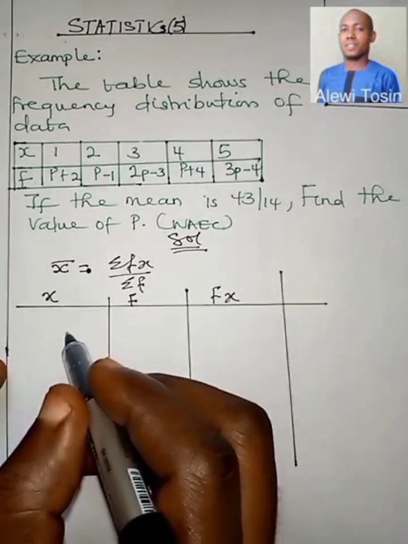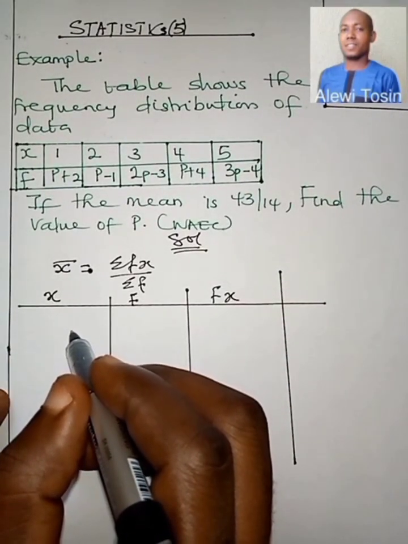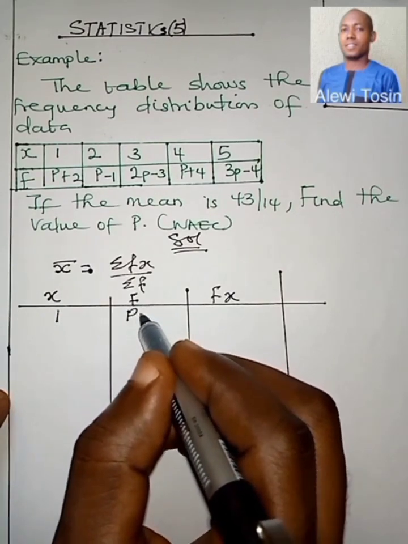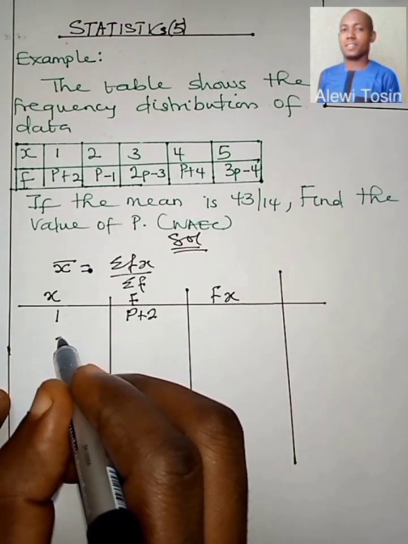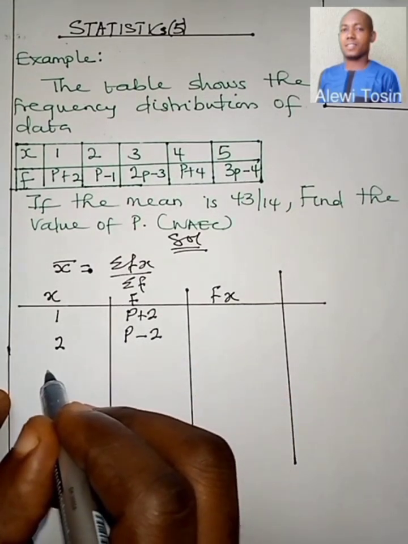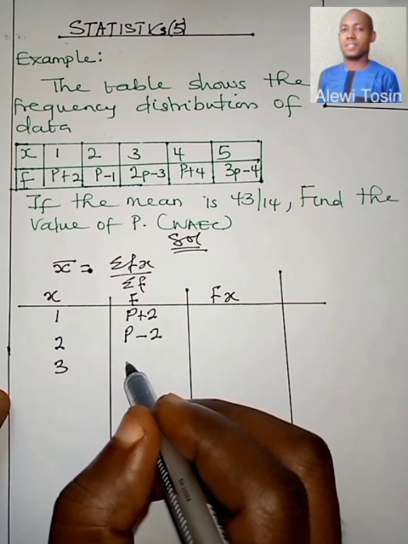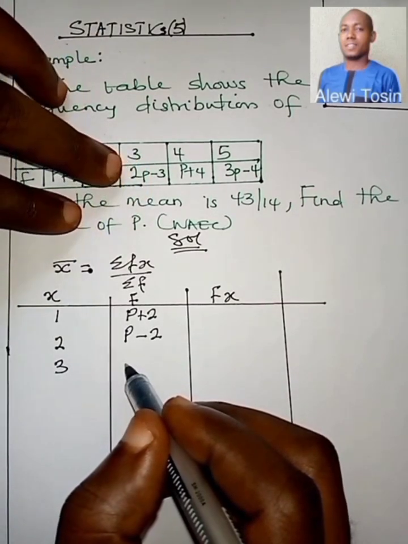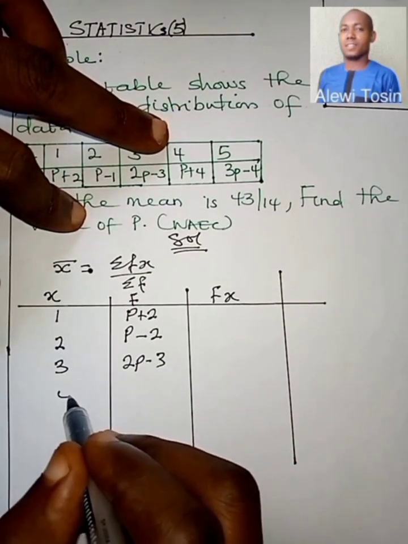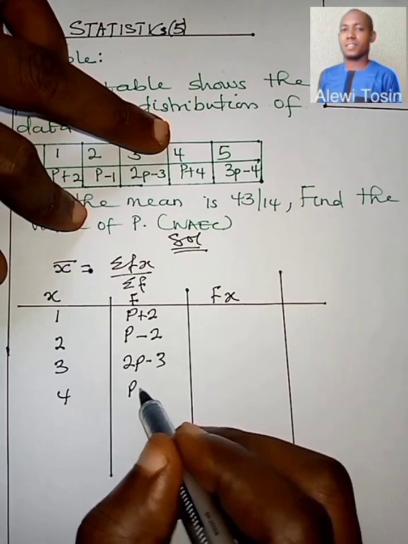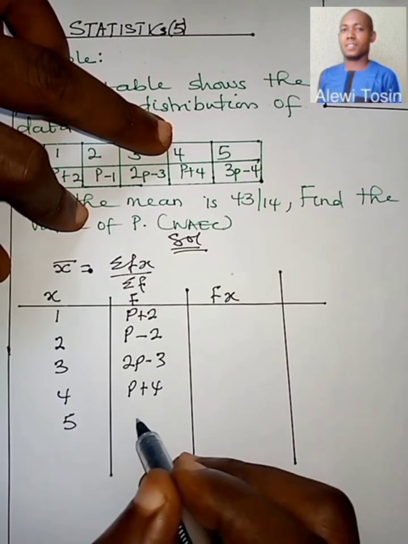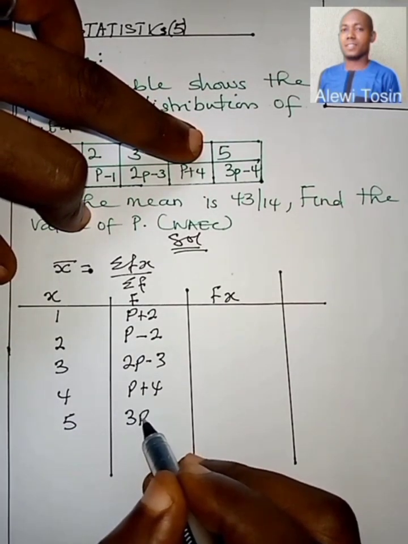We say that x is 1 when f is p plus 2, x is 2 when f is p minus 1, x is 3 when f is 2p minus 3, x is 4 when the frequency is p plus 4, and x is 5 when the frequency is 3p minus 4.